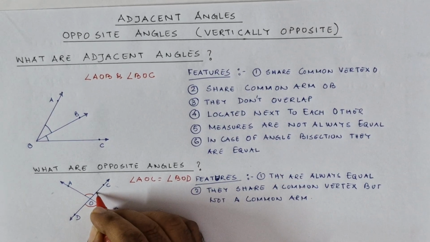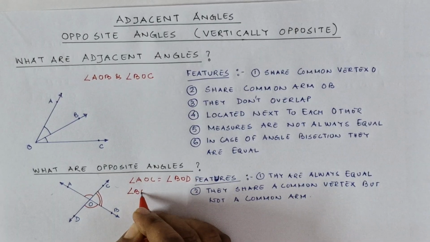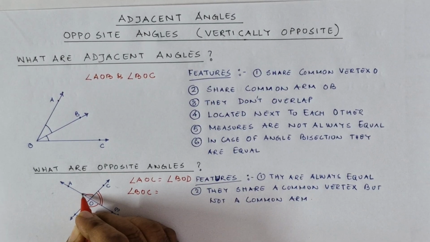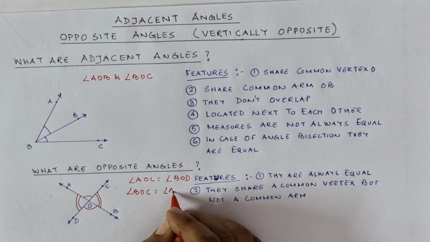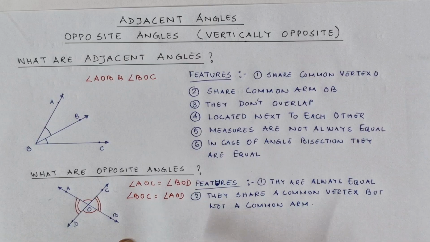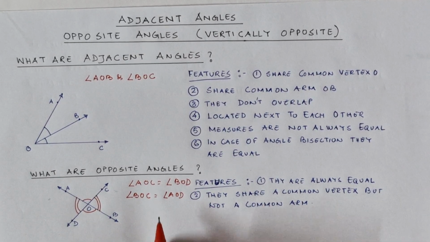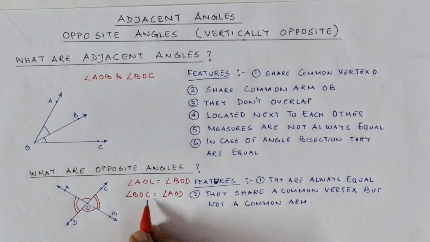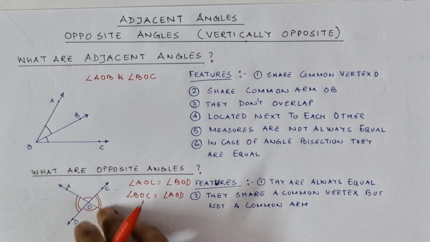Here, angle BOC is equal to angle AOD. So we have two sets of vertically opposite angles. AOC and BOD are opposite angles, and AOD and BOC are opposite angles.